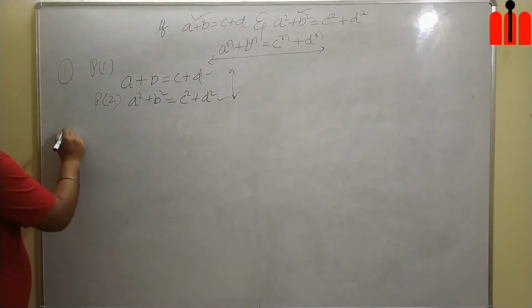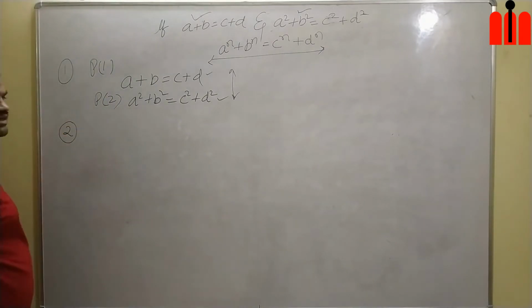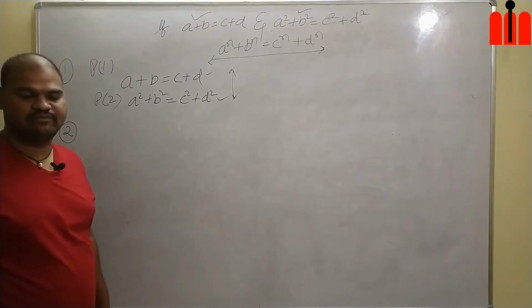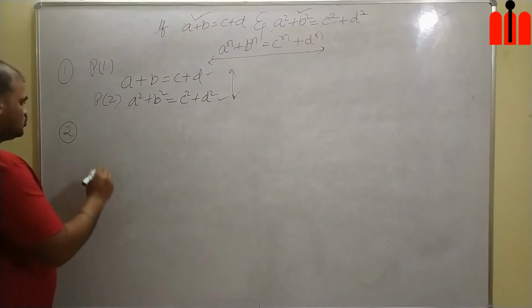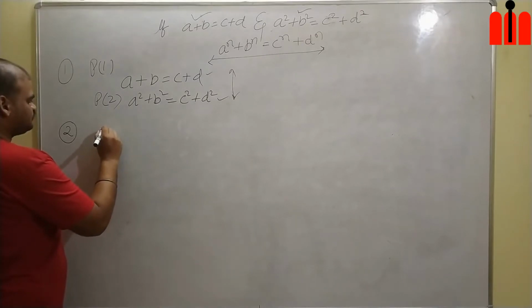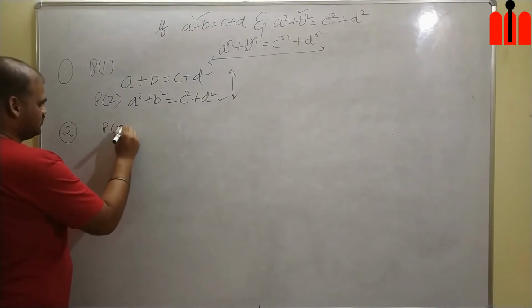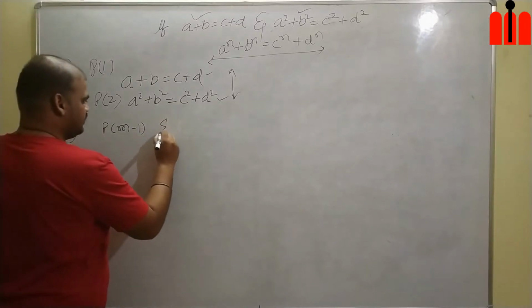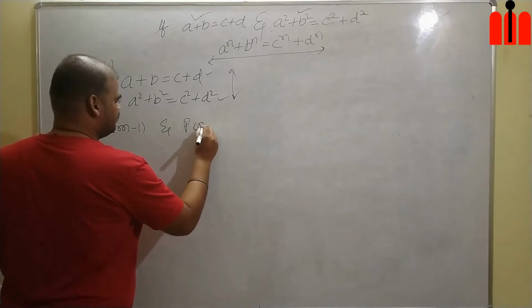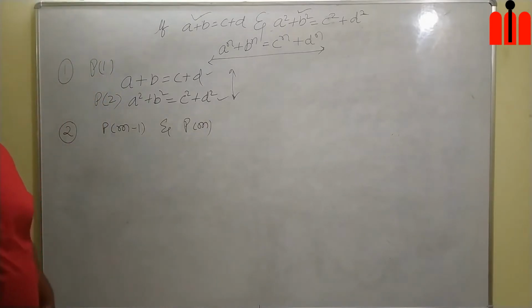Okay, let's write the concrete statements. Here we will have two concrete statements. Those concrete statements will be Pm minus 1 and Pm, two consecutive numbers.